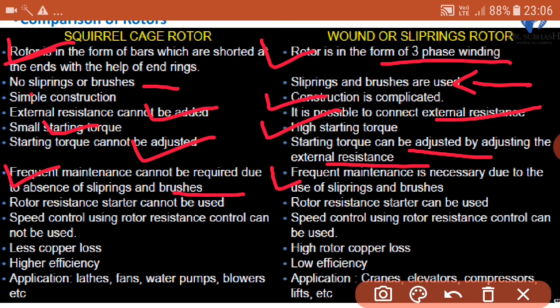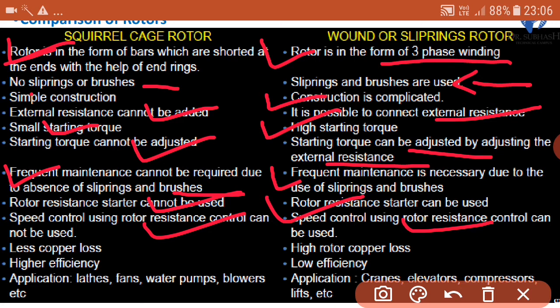Frequent maintenance is necessary due to the use of slip rings and brushes. Rotor resistance starter cannot be used for squirrel cage rotor because there is no connection to the rotor, no slip rings, and rotor resistance starter is used in a slip ring motor. Speed control using rotor resistance control cannot be used because there are no slip rings. Speed control using rotor resistance control can be used in a slip ring motor.